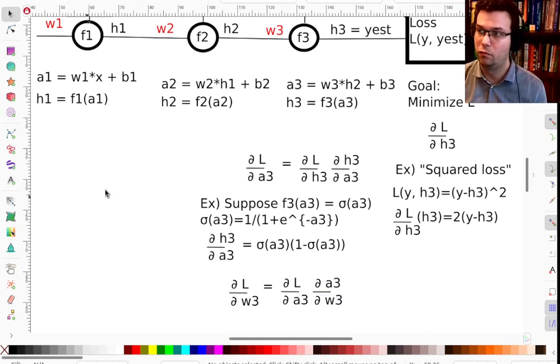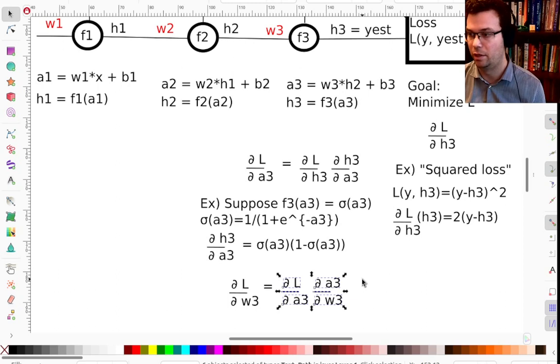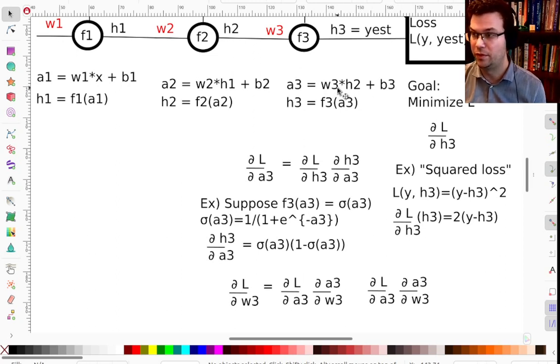Now, because of the form of the perceptron here, this is going to be the same no matter what choice I make for the function. It's always the same function: weight 3 times the input plus bias 3. So I can simplify it straight up, and say that's dL/dA3 times the derivative of A3 with respect to W3. This is just a line, and so W3 is the only thing that's varying here.